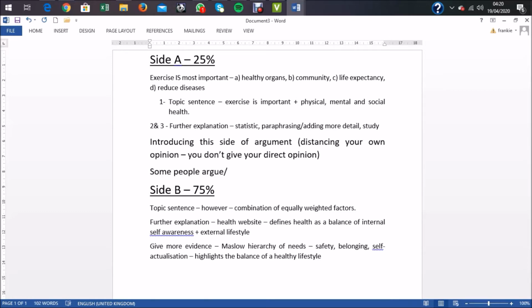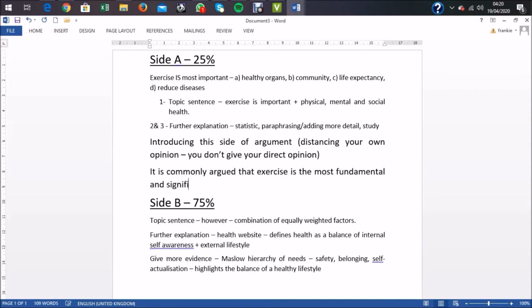Or if you wanted to go with the passive voice, you could say it is commonly argued. Let's go with the latter one. So it is commonly argued that exercise is the most fundamental and significant component of a healthy lifestyle.